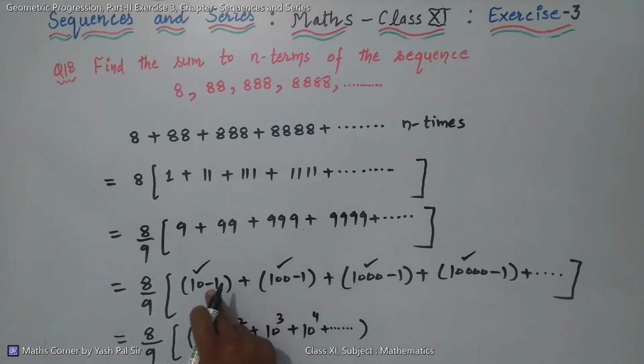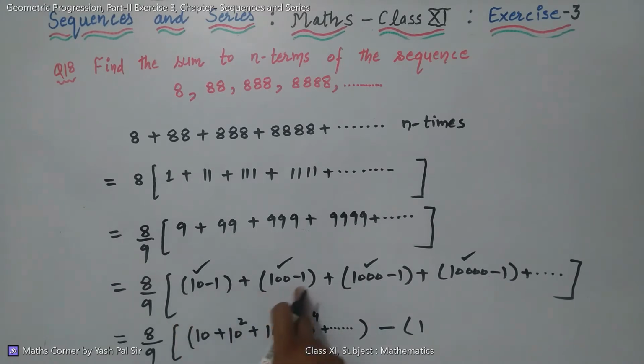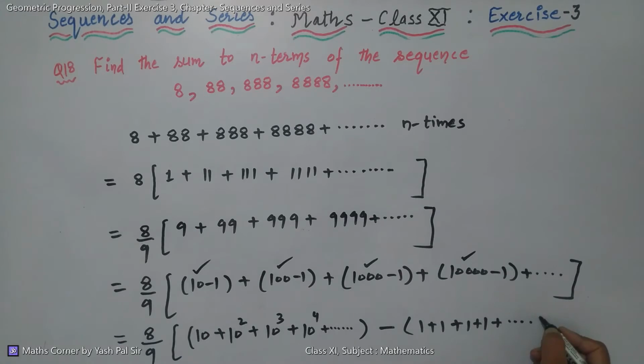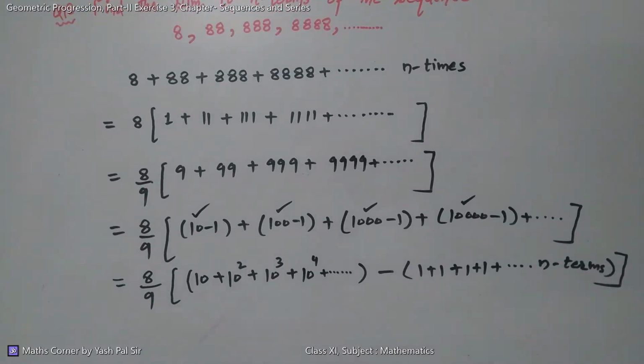In the next step, taking minus common, we are left with 1 in the first term plus 1 in the second term plus 1 plus this one and so on n times. Right? Now we see that the first bracket is a GP. Why is this a GP? Because 10 is the first term and 10 is the common ratio.